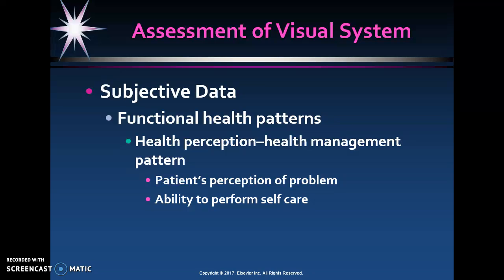You may not know right off the bat when you meet a new patient if they're having vision difficulty, but sometimes if you ask them to read something, or if you set their plate of food in front of them and they ask you what the things are on the plate, there can be clues like that that indicate the patient does have vision impairment. You need to make sure that gets documented, the physician is made aware, and you pass that on in report so that we can ensure these patients get the care that they need.